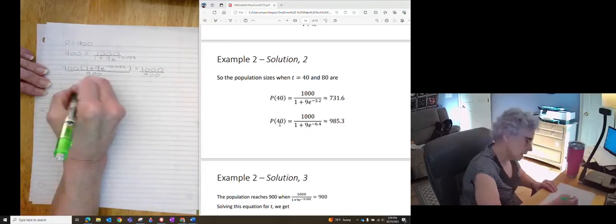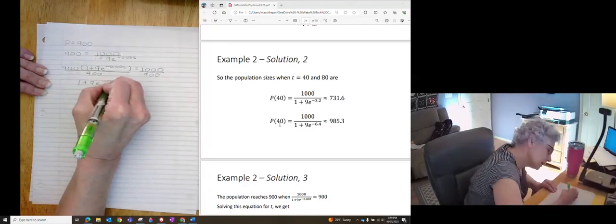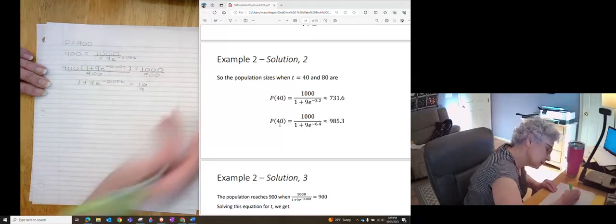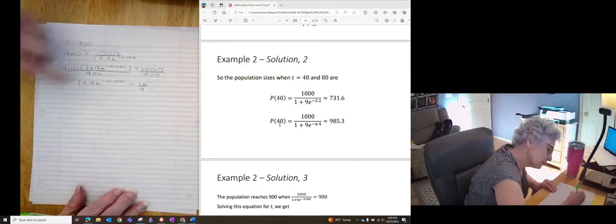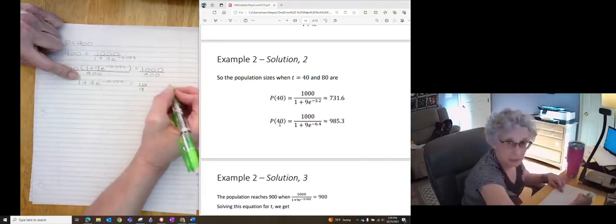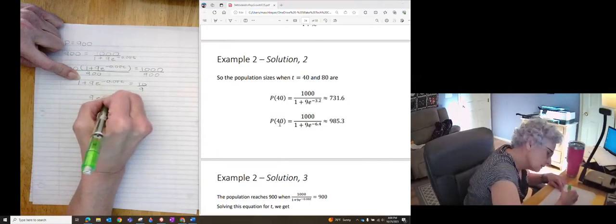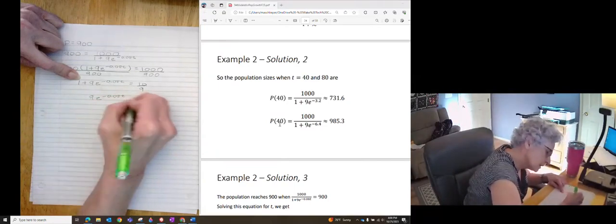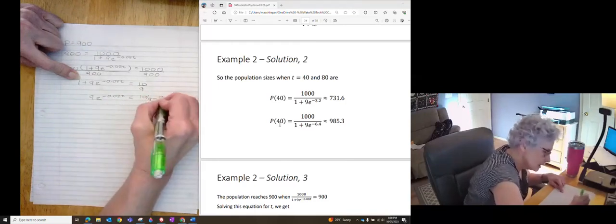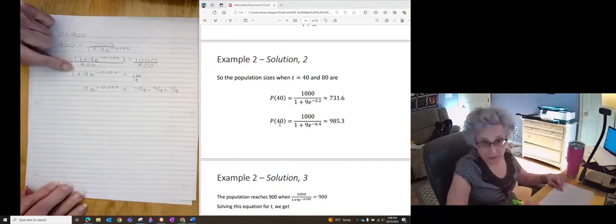So 1 plus 9e to the negative 0.08t is equal to 10 over 9. But now I would subtract 1 from each side, which is 9 over 9. So I have 9e to the negative 0.08t is equal to 10 over 9 minus 9 over 9, which is 1 over 9.